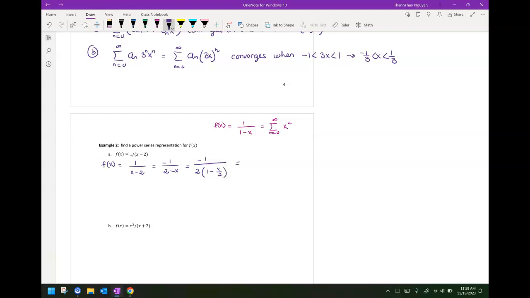I can rewrite this as the sum from n equals 0 to infinity of negative 1 over 2 times x over 2 to the n. And this is the sum from n equals 0 to infinity of negative 1 times x to the n divided by 2 to the n plus 1.